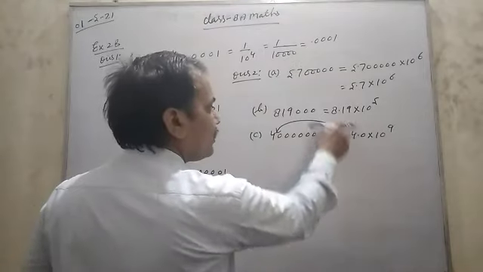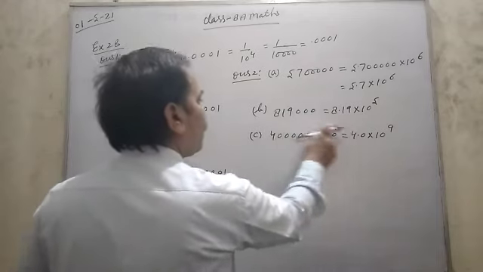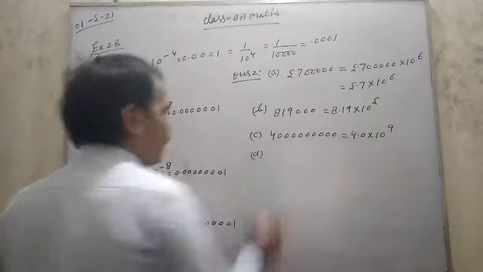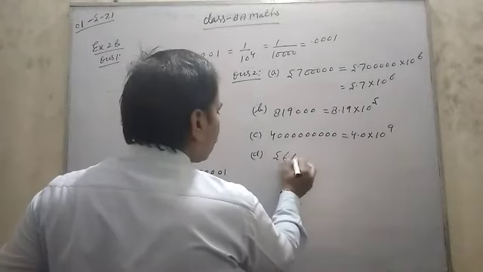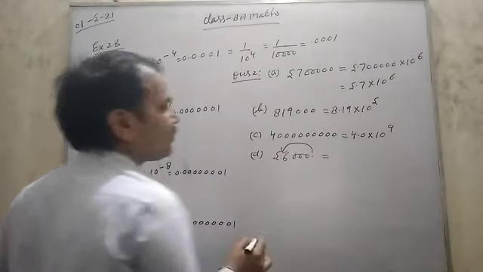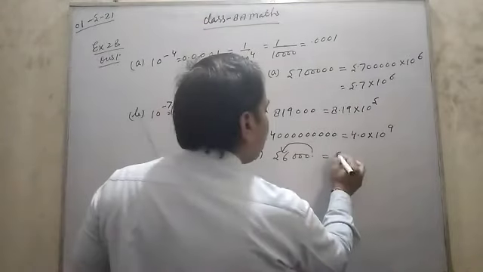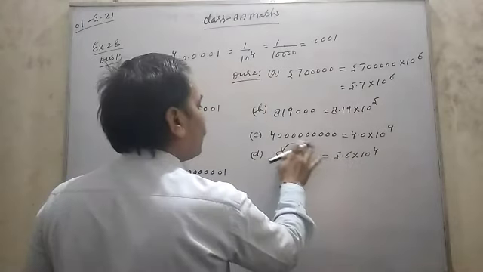Okay, this is for understanding. Here the point is here. Shift how many digits? 4 digits. So 5.6 into 10 to the power 4.